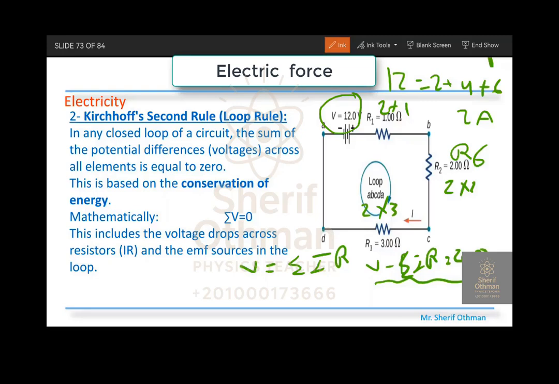If I add all of these voltages, 0 will be equal to negative 12 plus 2 plus 4 plus 6. So the summation of all voltages will equal 0. Here is the Kirchhoff second law, and we are going to solve a lot of questions on this part.